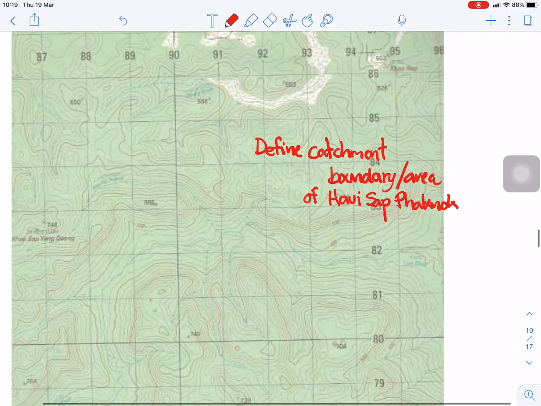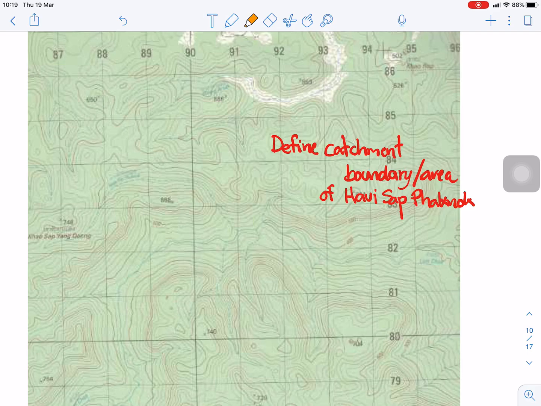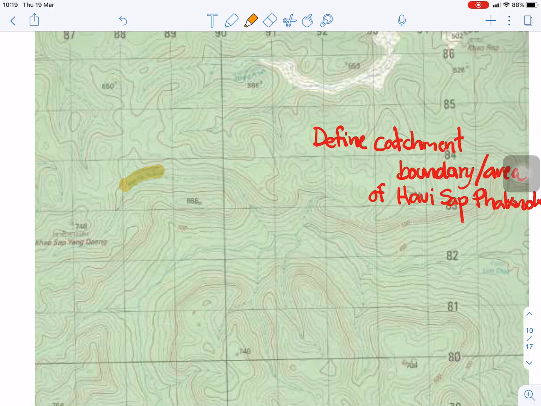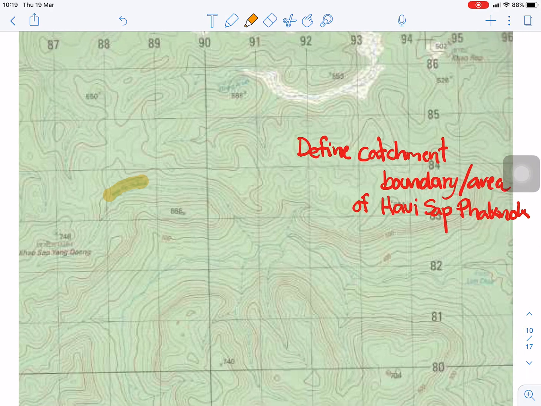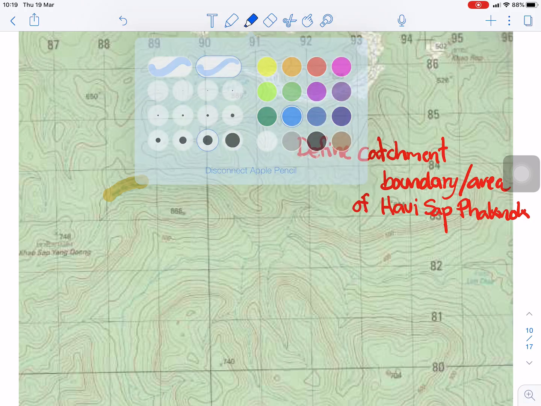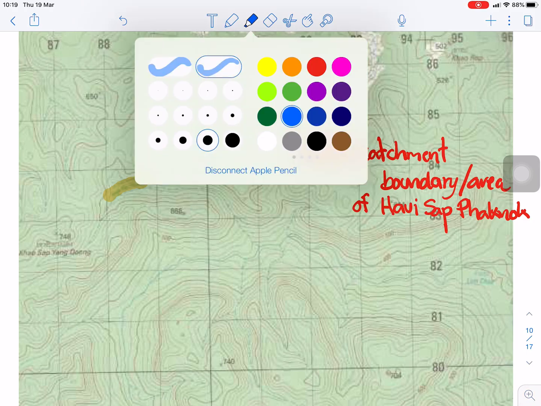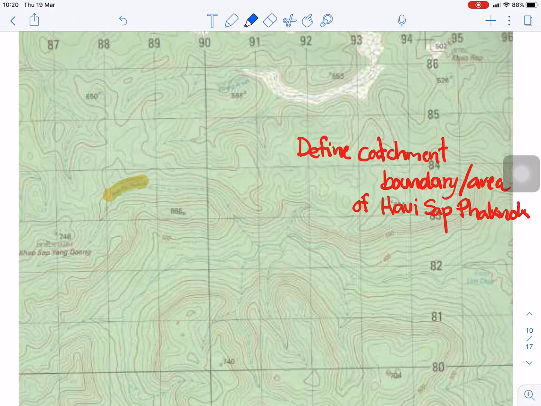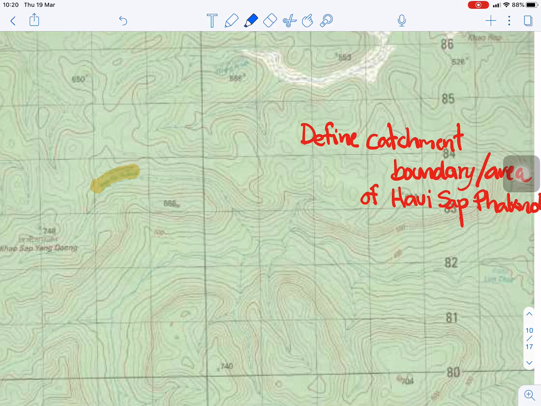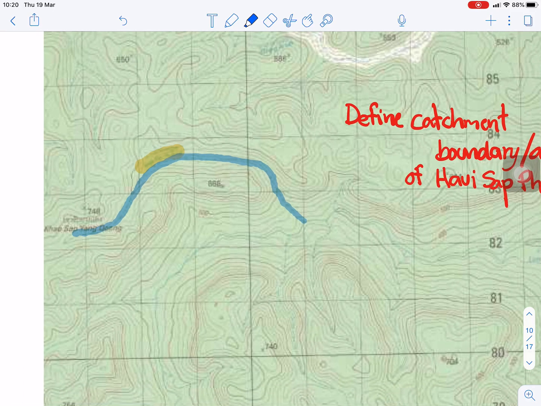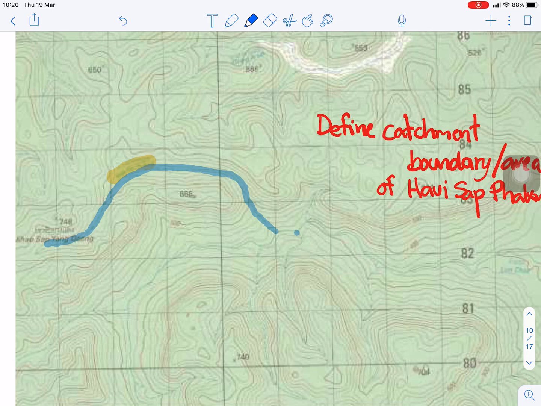Okay, if you look at this map, this area is difficult to see. This is Huai Sap Phak Nok. The first thing we have to identify is the stream line, the stream. If it's not clear, you can look at that. Huai Phak Nok starts from here. Okay, this is the Huai Phak Nok, which flows to the mainstream.